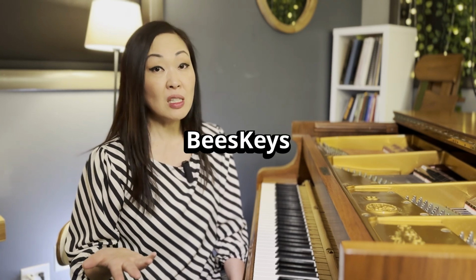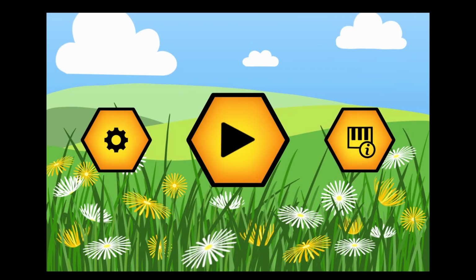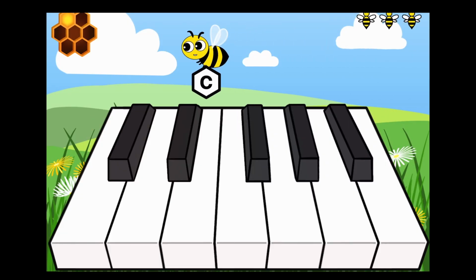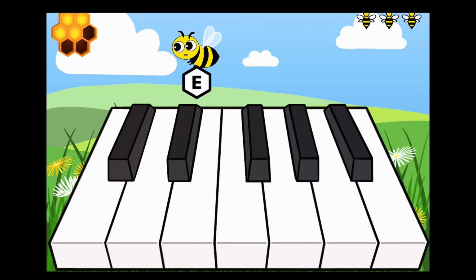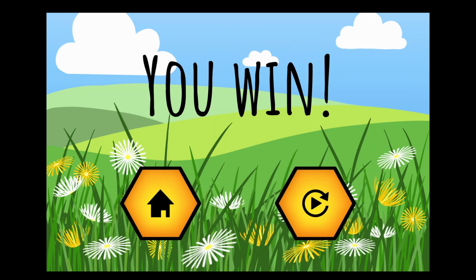You can also use wonderful iPad apps. One of my favorites is called Bees Keys. And you can use that to just practice identifying the names one at a time.